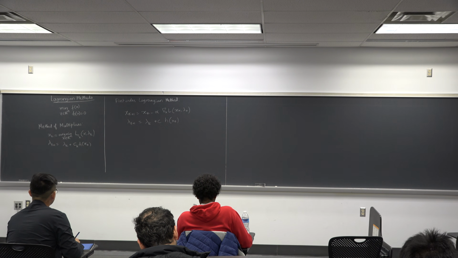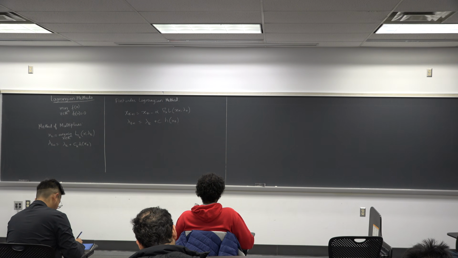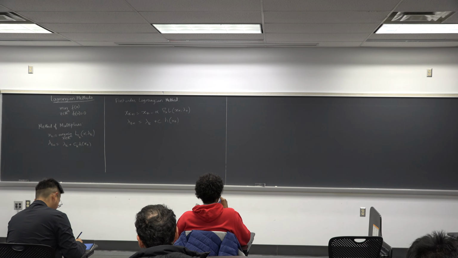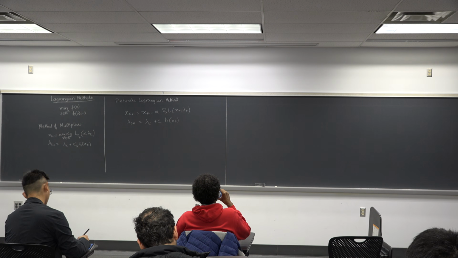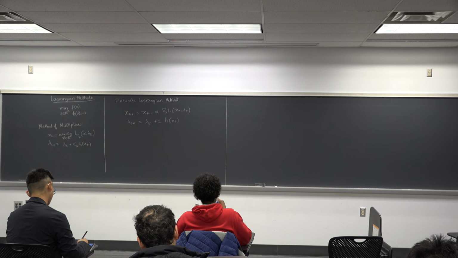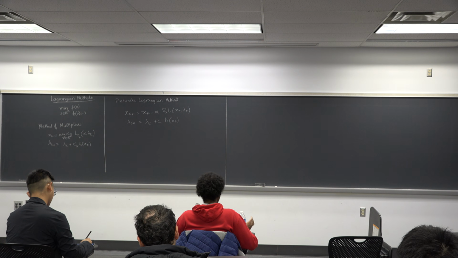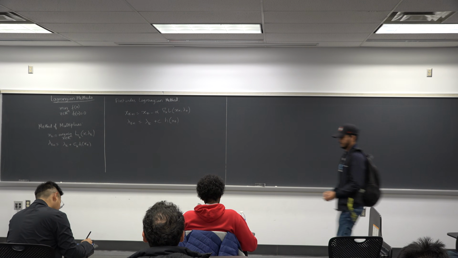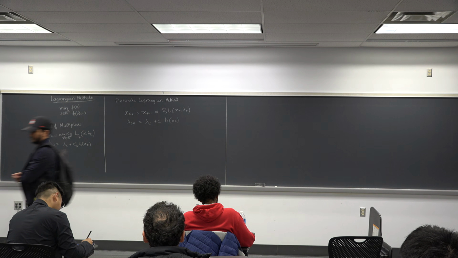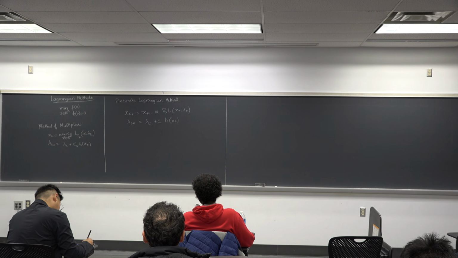Once I pick alpha and c, I'm done. I don't have to do complicated stuff. As is always the case, alpha will be sufficiently small and c will be sufficiently big. c could be equal to 1, 2, 5, but not 1 million.